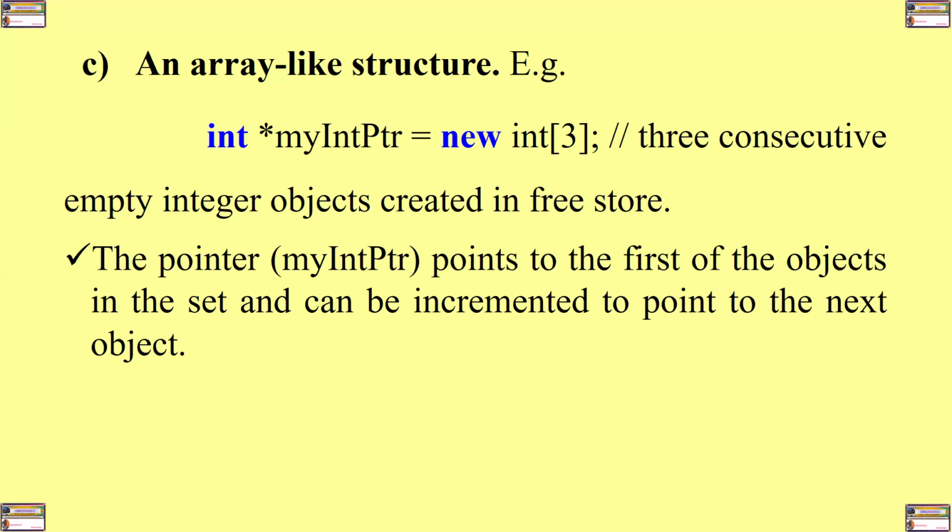So the pointer my int pointer points to the first of the objects in the set and can be incremented to point to the next object.